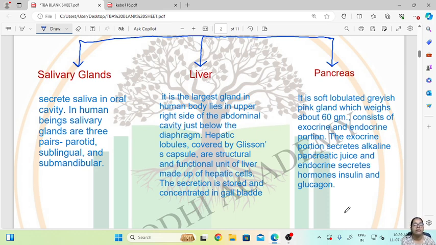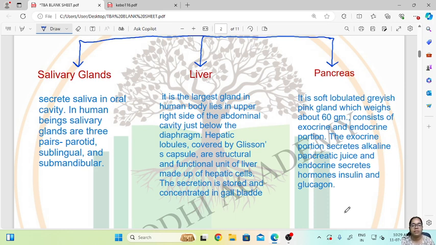The liver secretes a juice called bile juice. This bile juice helps in breakdown and emulsification of the fats in our food. So this is the function and structure of the liver, the second digestive gland.